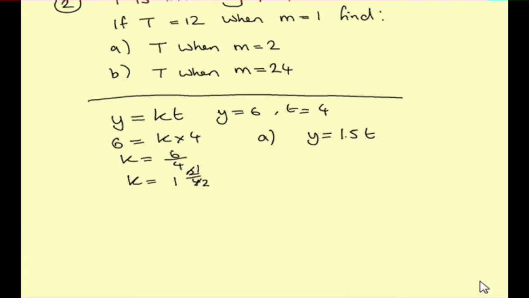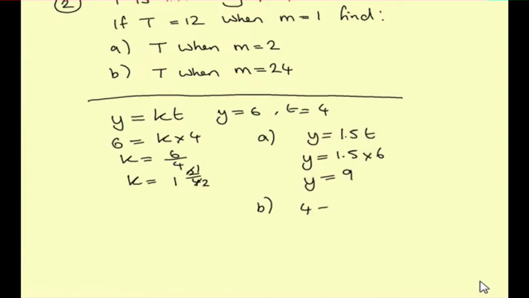In the next bit, we've got to find out the value of y when t is equal to 6. So y is equal to 1.5 multiplied by 6. So that means y is going to equal 9. That's the answer to that part. For the next part, we've got to find the value of t when y is equal to 4.